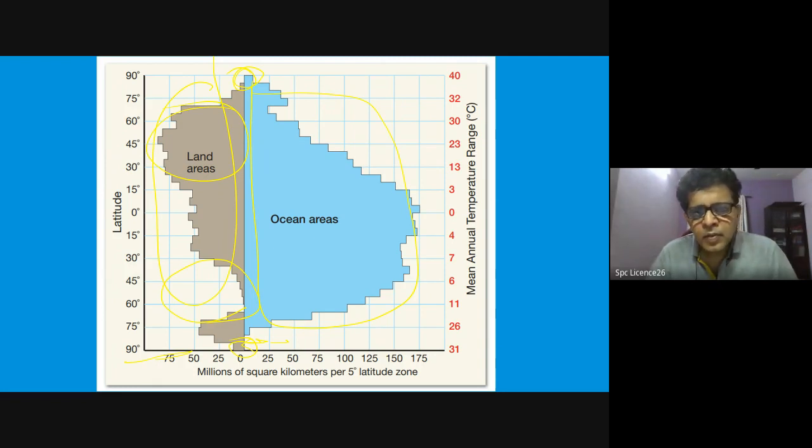A few, I would say, informative points here would be that around 0 degrees to, let us say, a couple of degrees north, you have the maximum amount of water along this particular latitude. Let me change the ink of this.